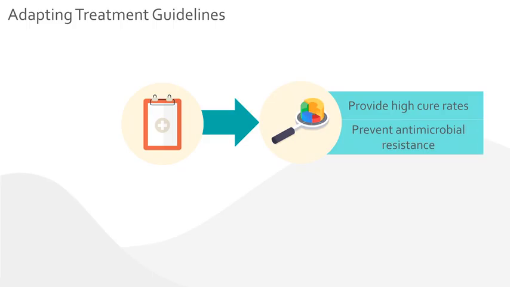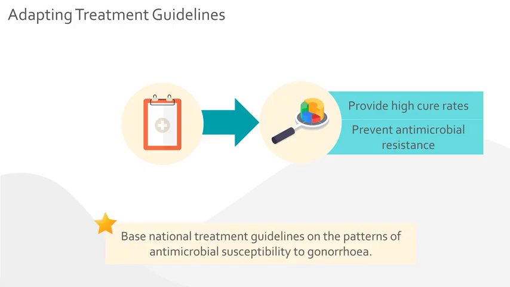It is especially important to base national treatment guidelines on the patterns of antimicrobial susceptibility to gonorrhea. WHO has developed and periodically updates global treatment guidelines for STIs. The Ministry of Health can refer to or adapt these tables in developing their national guidelines.